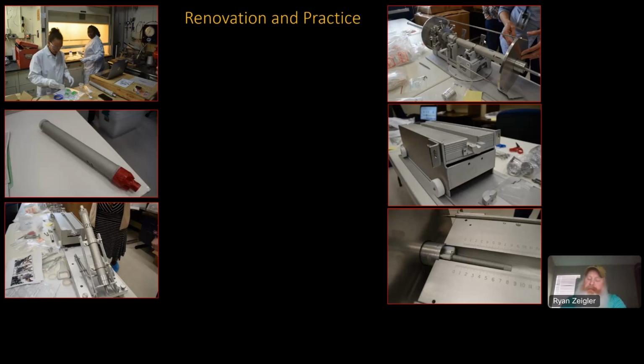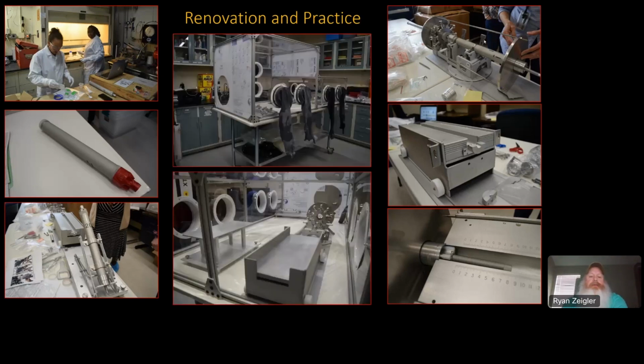And so we had to make up a simulant. We had to get the equipment out of storage, because it had been in storage. We had to machine some parts that had either been lost or had corroded or had contaminants on them. And then we had to build ourselves a way to practice without making the lab and the cabinet itself dirty.